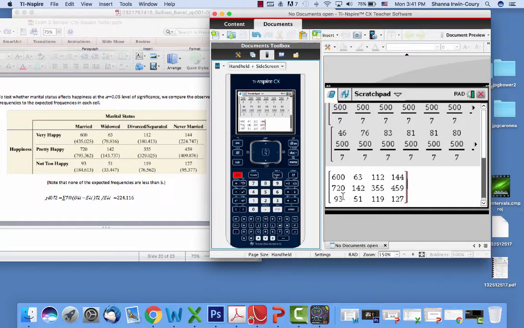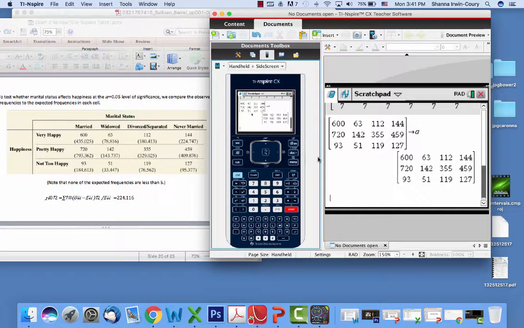And then you have to store it and name it. Okay, so now this is A.